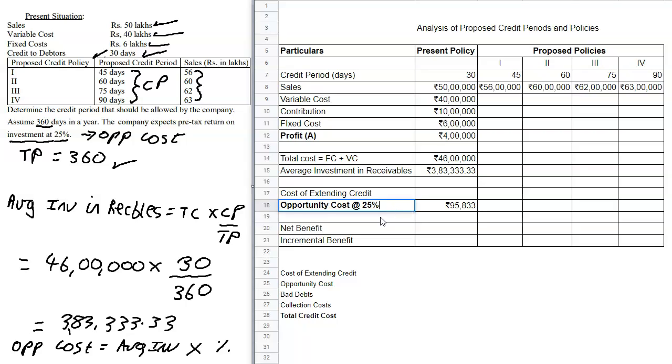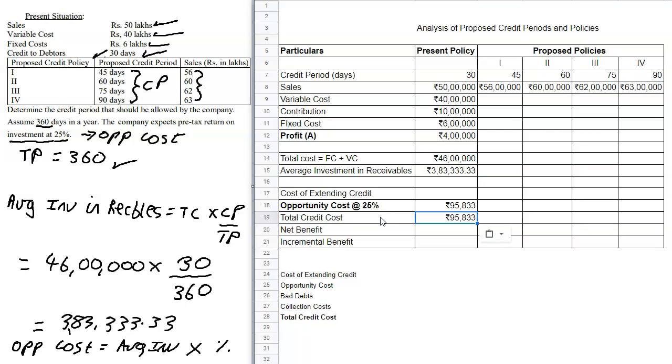Okay, if you really want, for the sake of completeness, you can say, okay, fine, we can have total credit cost, but it's just copy pasting the same number. Okay, total credit cost is the same number. Then we can take this as B. Alright, so we can take opportunity cost total as total credit cost, one item.